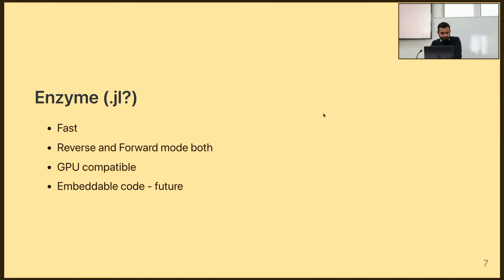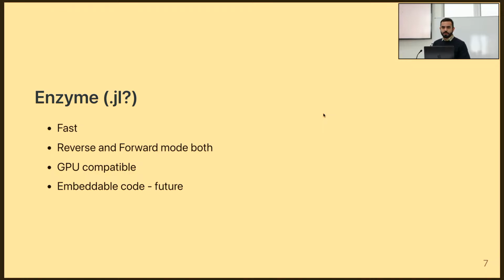Then yeah, I think GPU compatibility is going to be a big win for us. We recently did a project where we did use Enzyme on GPUs, though I would say the oracles generated from the package were not used.